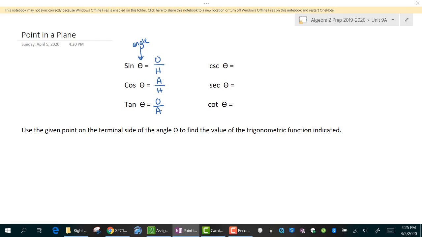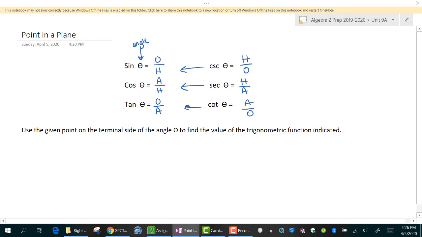So cosecant has to deal with sine. It's the inverse of sine. So instead of opposite over hypotenuse, I would take the hypotenuse over the opposite. Secant then goes along with cosine and is the hypotenuse over the adjacent side. And cotangent is the inverse of tangent, so the adjacent over the opposite.